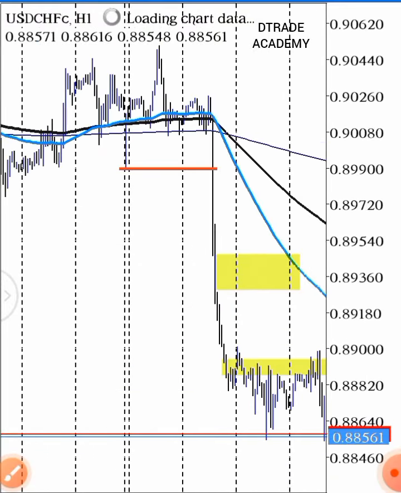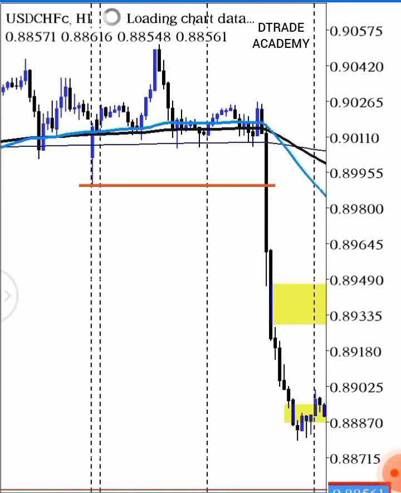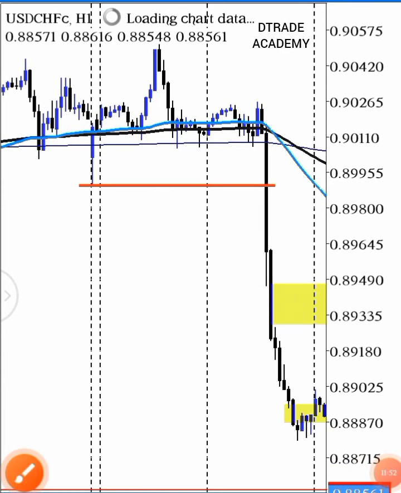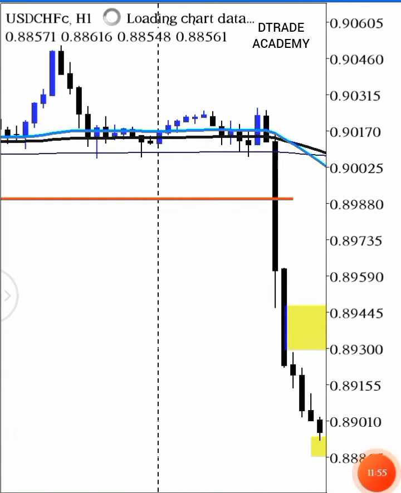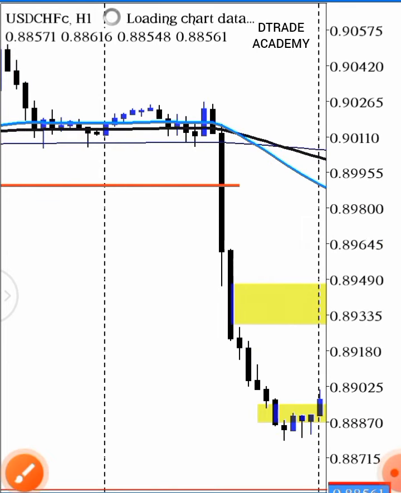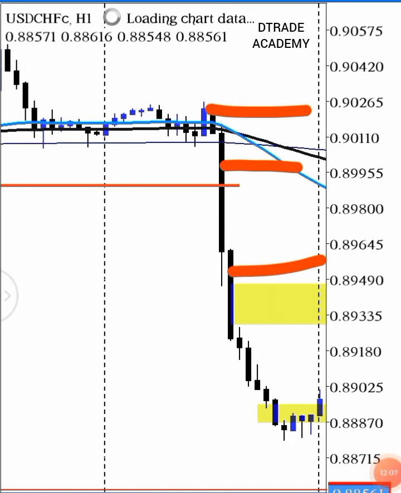Now look at this. We have this high taken out by these vector candles. Now the imbalance is always at this line, so it could be beneath or above. So from beneath, if you count this candle 1, 2, 3, we see the wick.